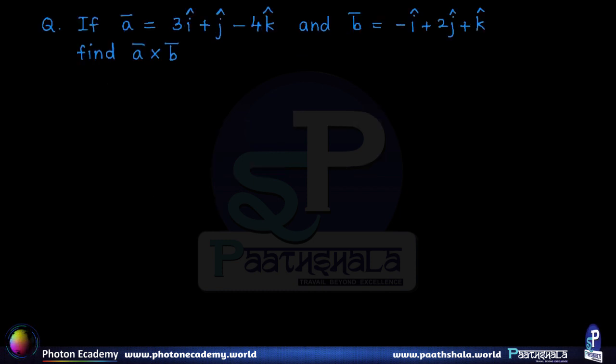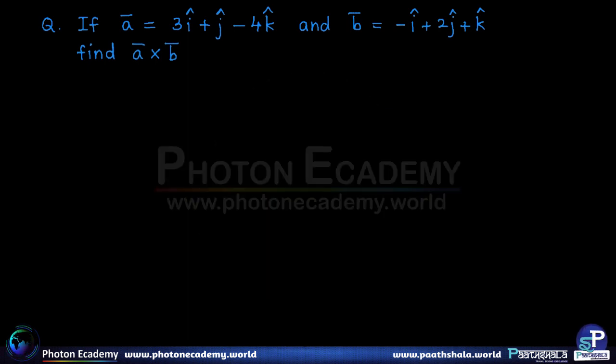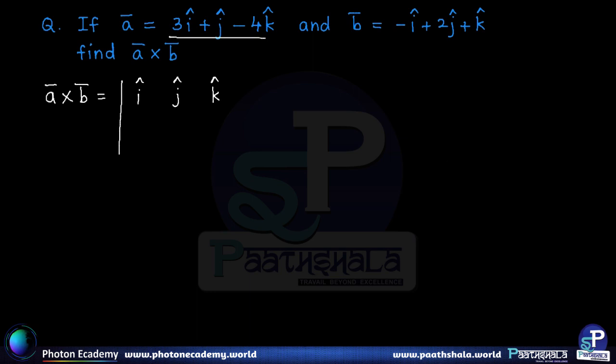Let us go ahead and solve one example based on finding out vector product. We are given two vectors A bar and B bar, and we have to find A bar cross B bar. So let us write the definition first. As we saw, it's a determinant having first row as i, j, k. Second row is the coefficients of first vector, so that is 3, 1, minus 4, and the third row consists of coefficients of the second vector, that is minus 1, 2 and 1.